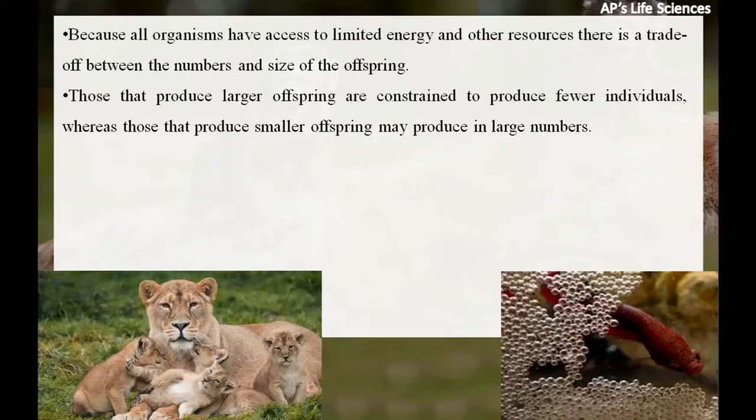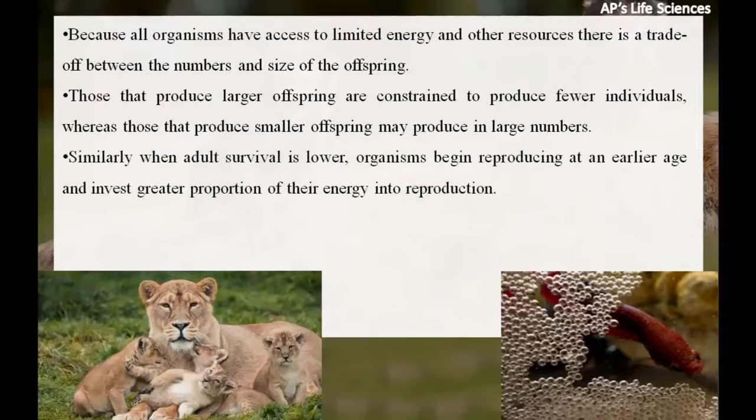For example, fishes or invertebrates can produce an enormous number of eggs, but these eggs are smaller in size, whereas in humans or other larger mammals, the baby produced is larger in size. That's why it is smaller in number. So there is a trade-off between the size of the organism versus the number of individuals they produce.